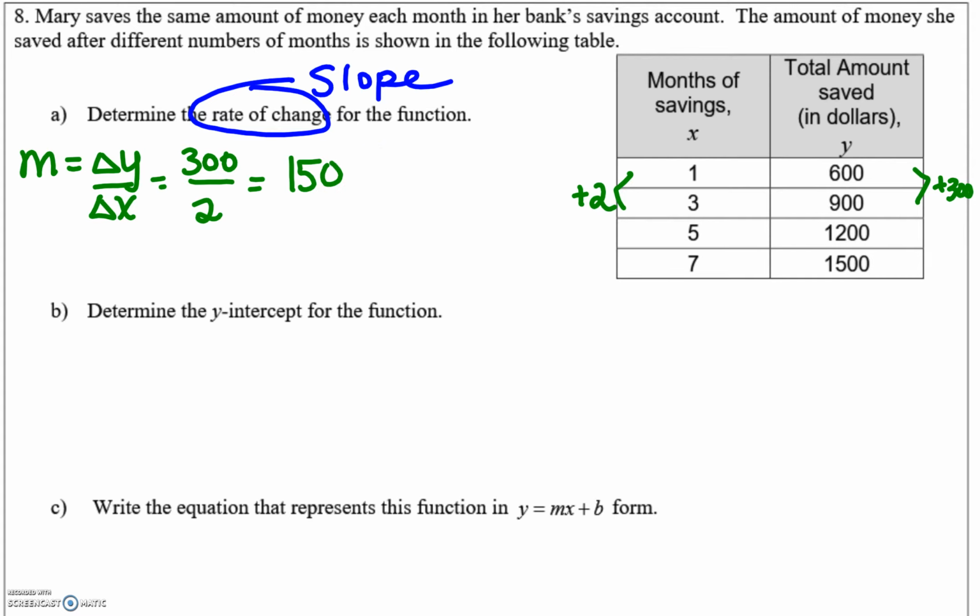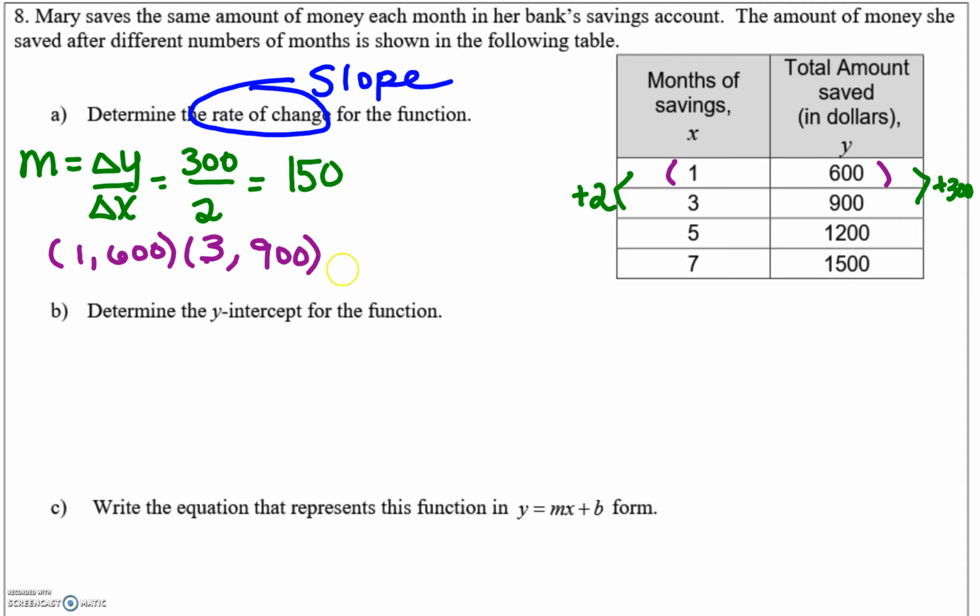If you liked it more algebraically, you could pick points. 1 comma 600 and 3 comma 900. And do m equals y minus y over x minus x and plug in our values.